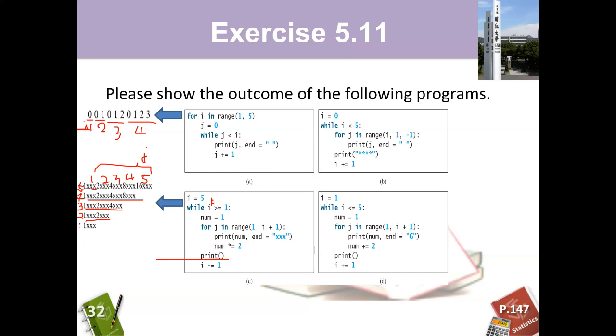And this is i equal 1, because the while is still true, it's a Boolean value. So we still do the same things and print until i becomes 0, and it will jump out of this while, so it will quit.